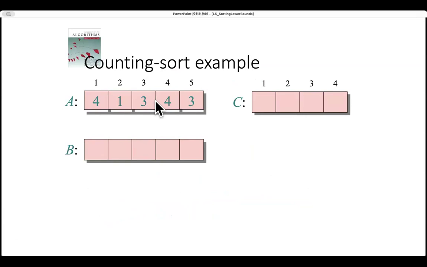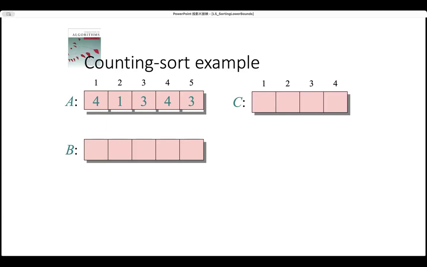Having said that, the assumption that k is linear to n may not be the case in reality.